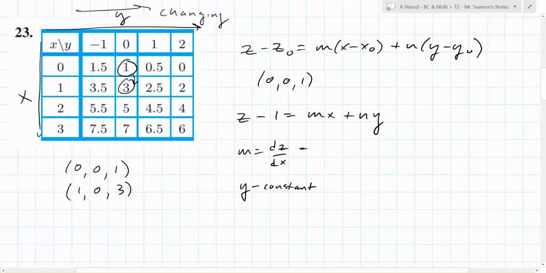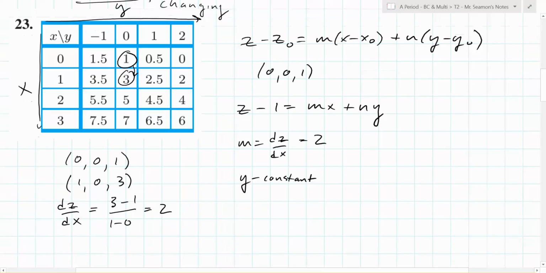The y value did stay the same. So now we can do dz/dx, where y stayed the same. So 3 minus 1 over 1 minus 0. So what's that going to be? 3. So I can almost do math.